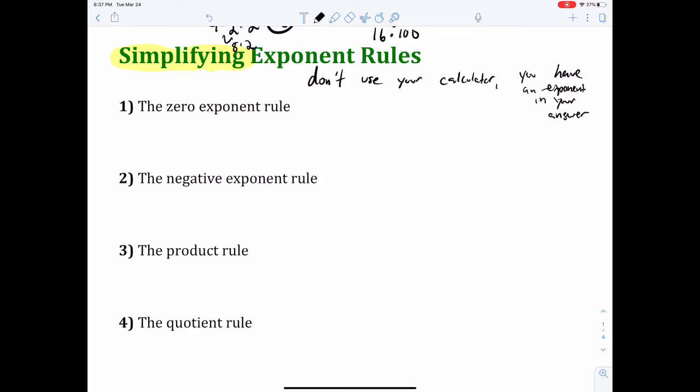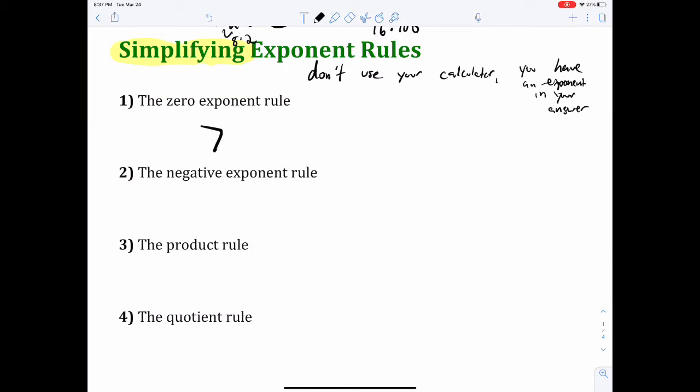The first one is the zero exponent rule. And that says if you have any number, like say 7, to the 0 power, that's just going to equal 1. That's all you got to know. 7 to the 0 power is 1.